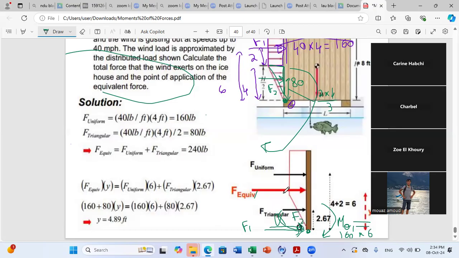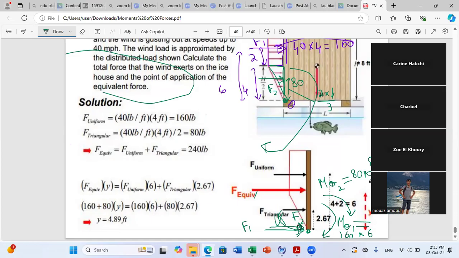Now, when I displace F2 from this point to O, as we said, we should add the moment of F2 about O. So I should add moment MO2, which is equal to the value of F2, 80, times the distance to O, which is 8 over 3. So I multiply by 8 over 3.